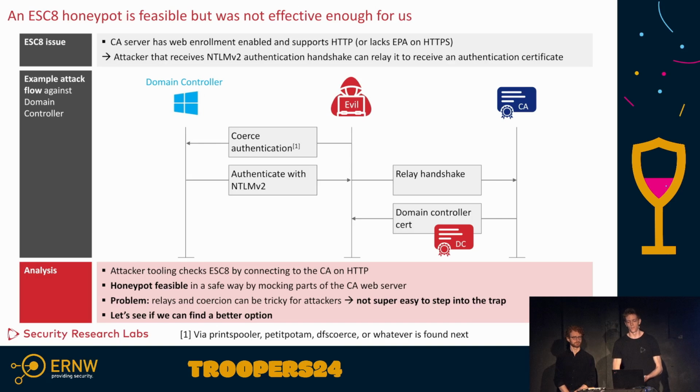However, we think that because this requires the whole relay and coercion setup to be present already, it can be quite tricky for attackers to exploit, or at least the majority of attackers would not super easily step into this trap. So there are probably better options for honeypots here.